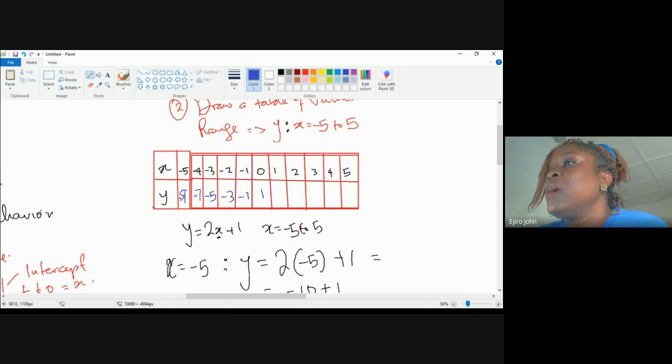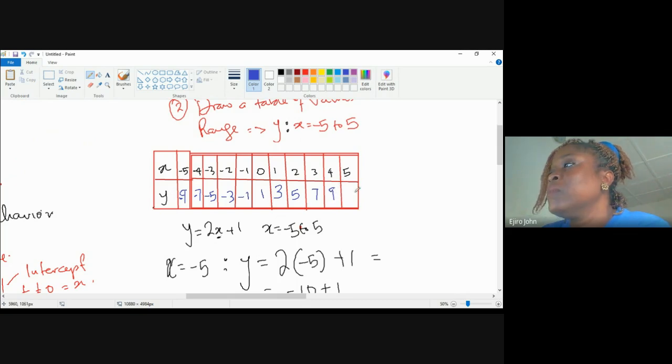Okay, so it's an arithmetic progression. I know this will be 3. I know this will be 5. If you do your calculations, you can check whether I am correct. Sorry, 0 gave us 1. 1 gave us 3. 2 gave us 5. 3 gave us 7. 4 gave us 9.